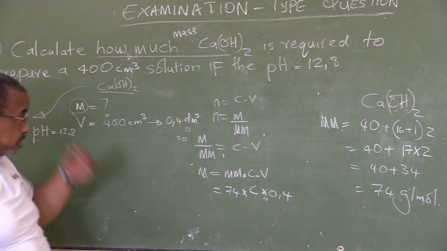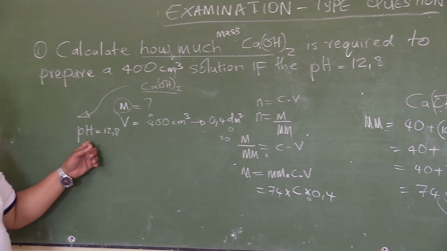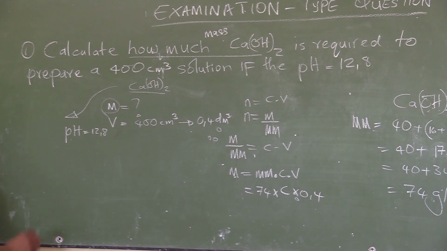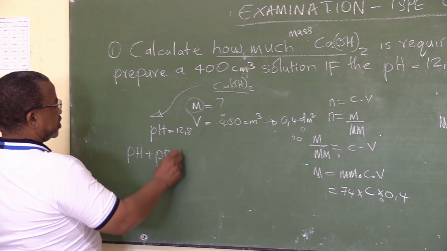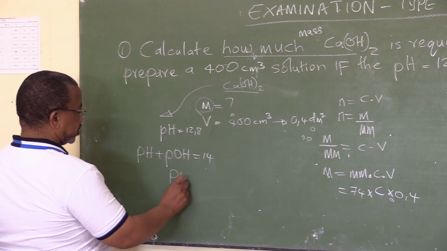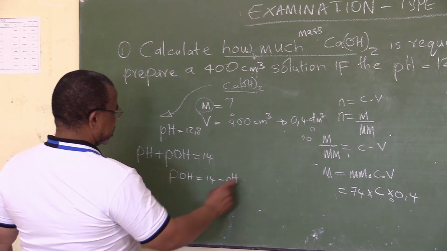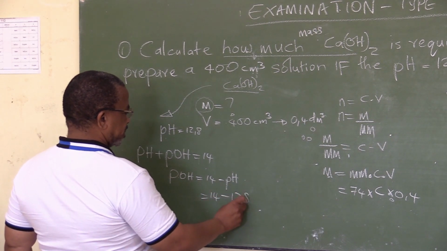We don't have the concentration. We were given the pH. How do we find the concentration? Calcium hydroxide gives OH minus. Let us first find the pOH. pH plus pOH is equal to 14. So pOH is 14 minus pH, which is 14 minus 12.8.